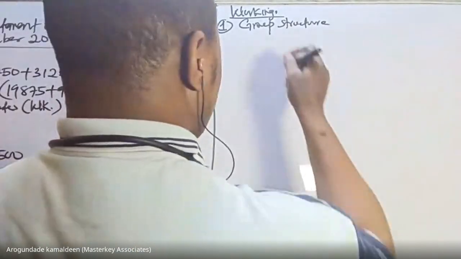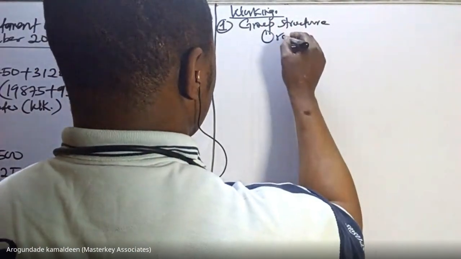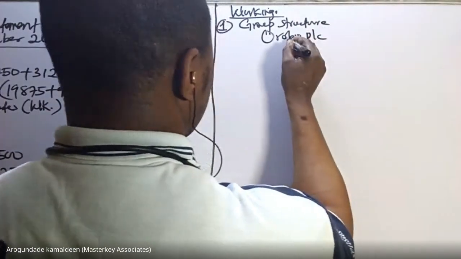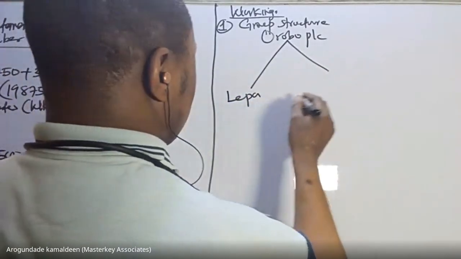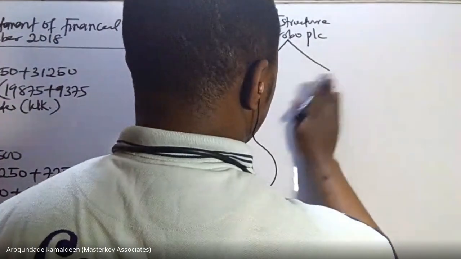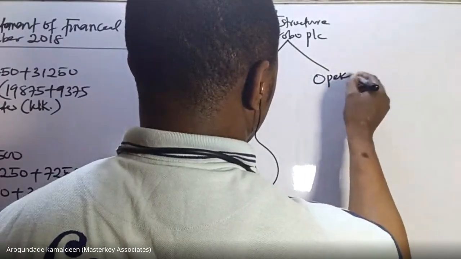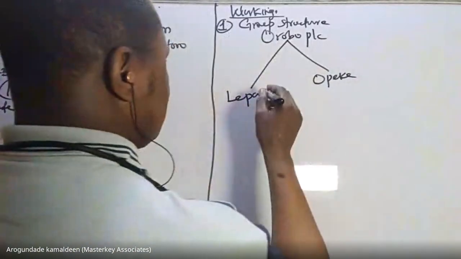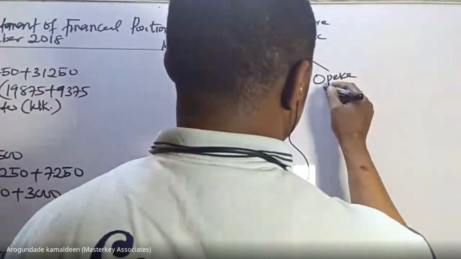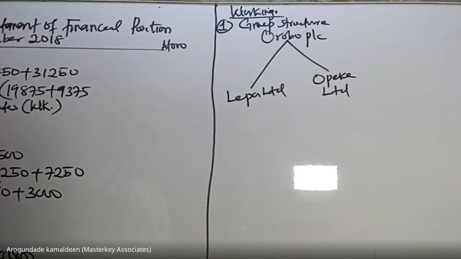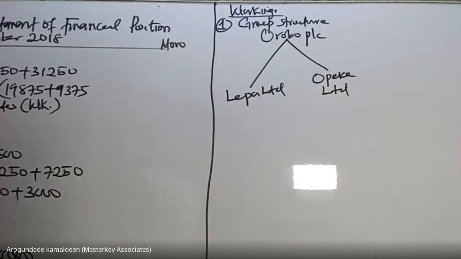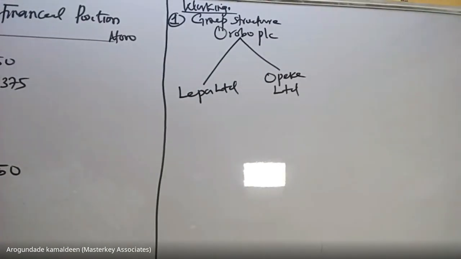So we don't know the percentage for Lepa Limited and Opeke Limited, and there is no way you can consolidate without the percentage. So let's do that right away.